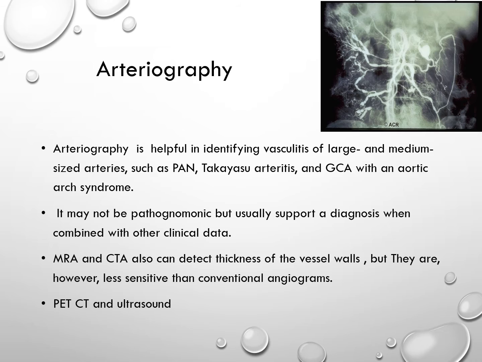So we mainly depend on MR angio and CT angio, MRA and CTA, to detect vessel narrowing, aneurysmal dilatation, or wall thickening in large vessel vasculitis, with specific MRI sequences. PET CT and ultrasound have also been added to our list of radiographic assessments of vasculitis.